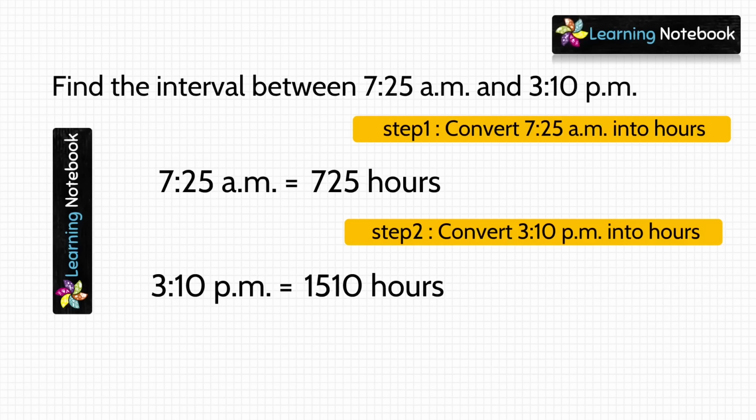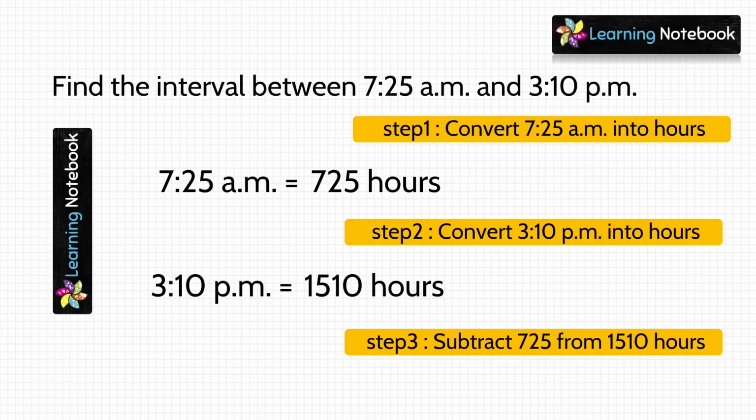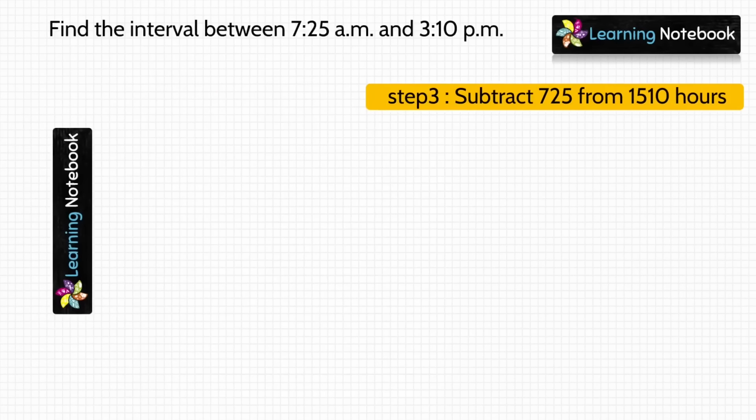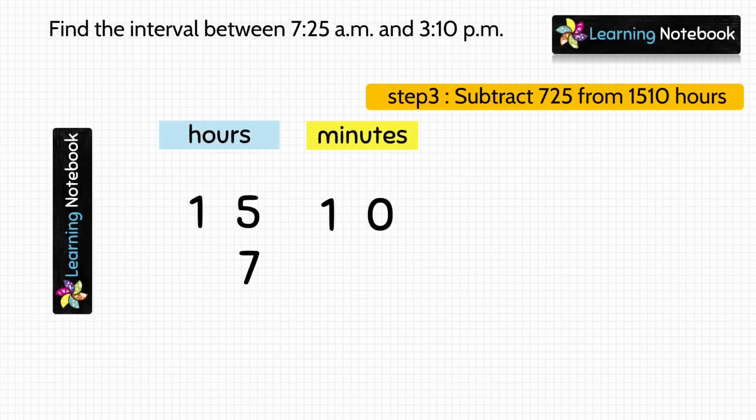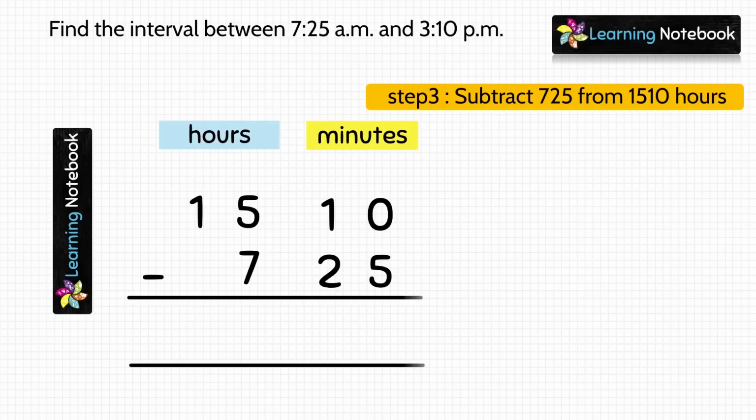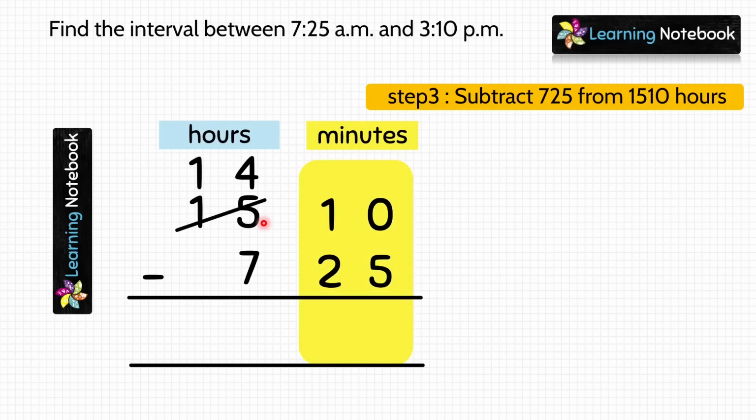Now, to find the interval between these two times, let's subtract 725 hours from 1510 hours. So let's write them in column form. And we will start subtracting the minutes column. But 10 is less than 25. So we will borrow 1 hour, or we can say 60 minutes, from hours column.